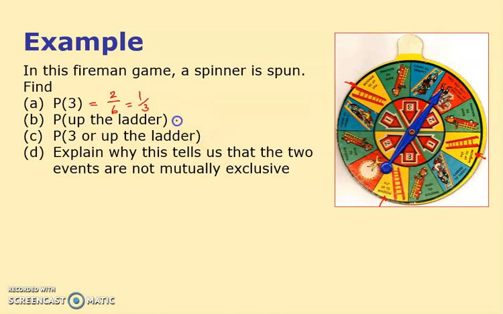So it's 3 out of, how many are there in total? 1, 2, 3, I think there's 12. So that's a quarter. What's the probability of getting 3 or up the ladder? 3 or up the ladder. Now, the temptation, I suppose, is you've got 2 answers, you add them together. Actually, just notice here, look, this one kind of coincides with this one.